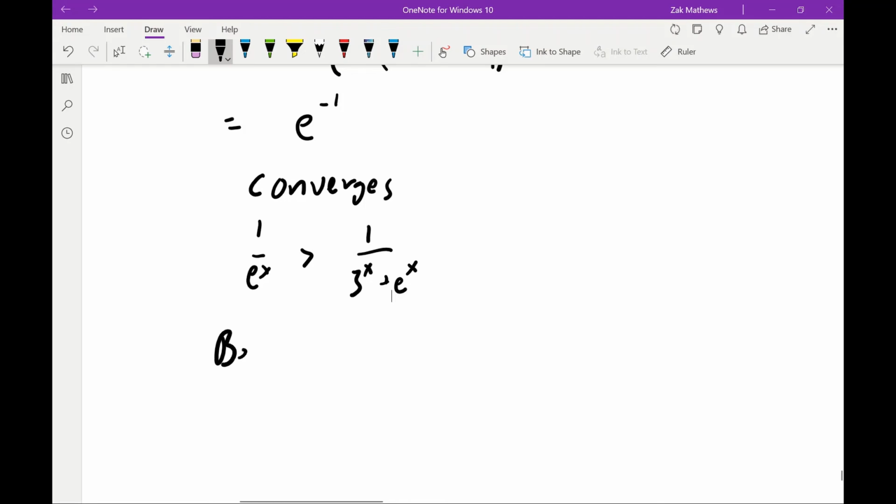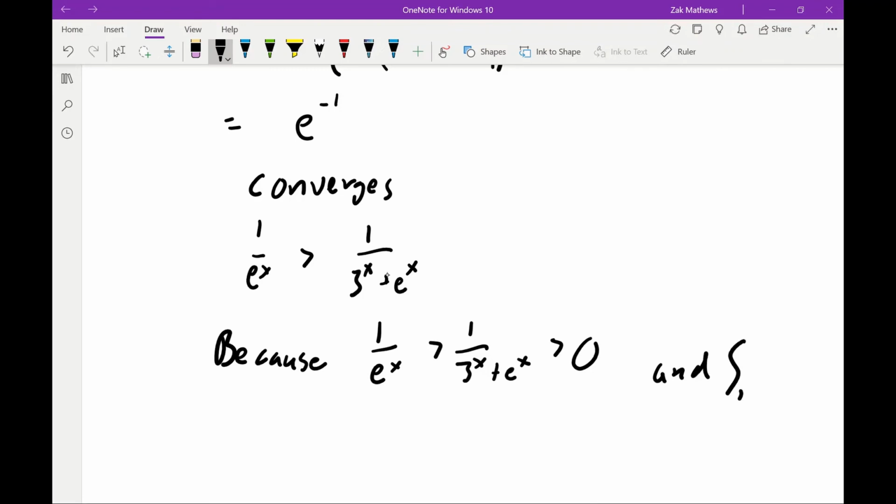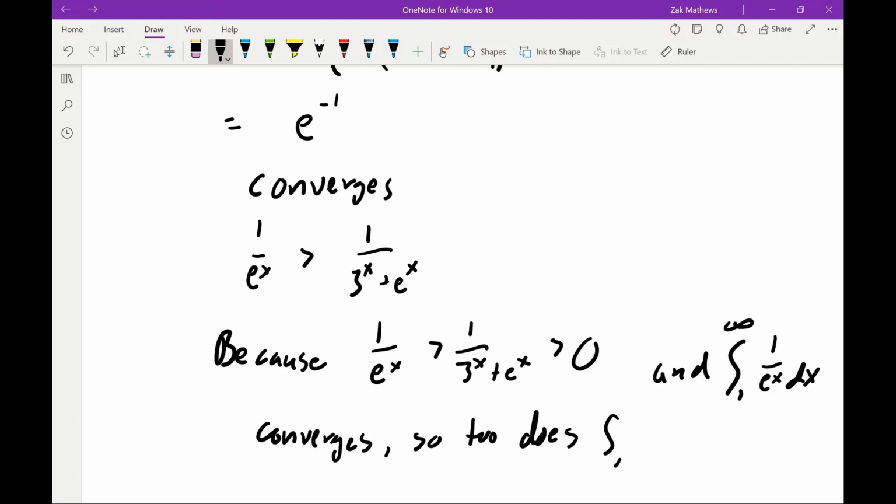So because of this inequality, and it's all greater than 0, and we saw the integral of 1 to infinity of 1 over e to the x dx converges, so too does the integral from 1 to infinity of 1 over 3 to the x plus e to the x dx.